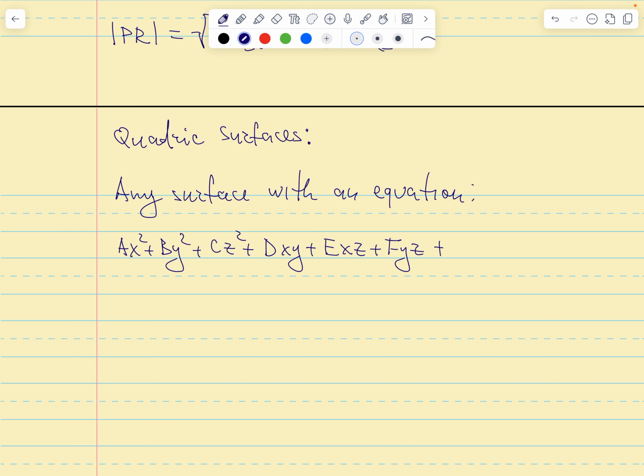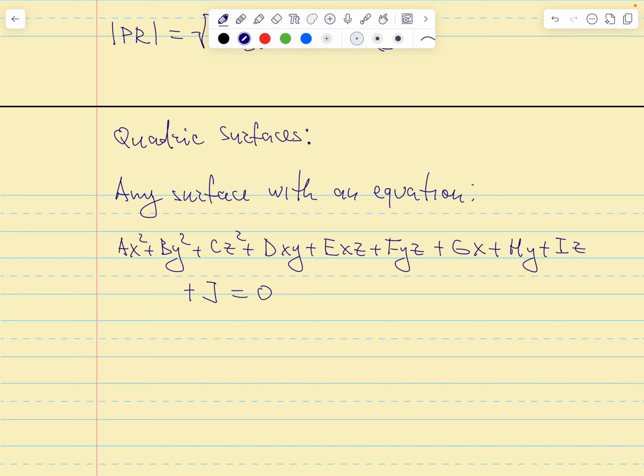Plus you can also have the first order terms, gx plus hy plus iz, and then you can have a term without the coordinates, so plus j, and the whole thing is equal to 0.